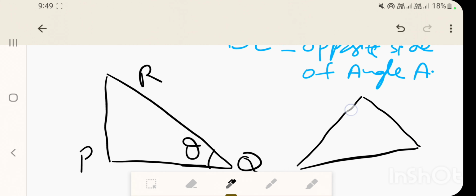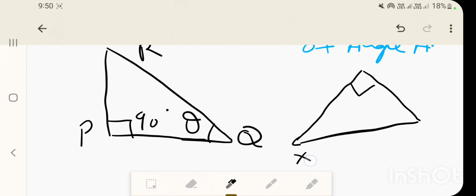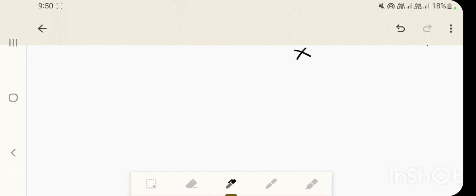In this PQR, angle P is 90 degrees. And if you take X, Y, Z, angle Z is 90 degrees. So in these different ways we can represent the 90 degree angle.